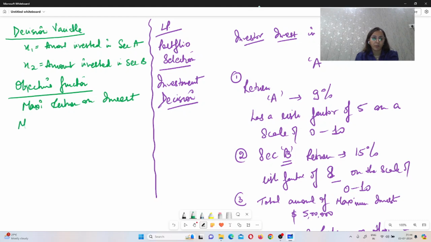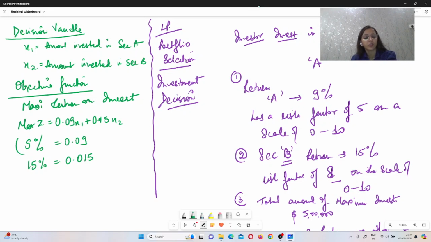So maximize Z equals 9%, so 9% will be 0.09 if I'm talking in percentage, plus 15% x2. 9% as we have given, you can write in bracket also, will be 0.09, and for 15% it will be 0.15. Not 0.015, it is only 15%, sorry. That will be taken as 0.15. Okay, this is what we have given.